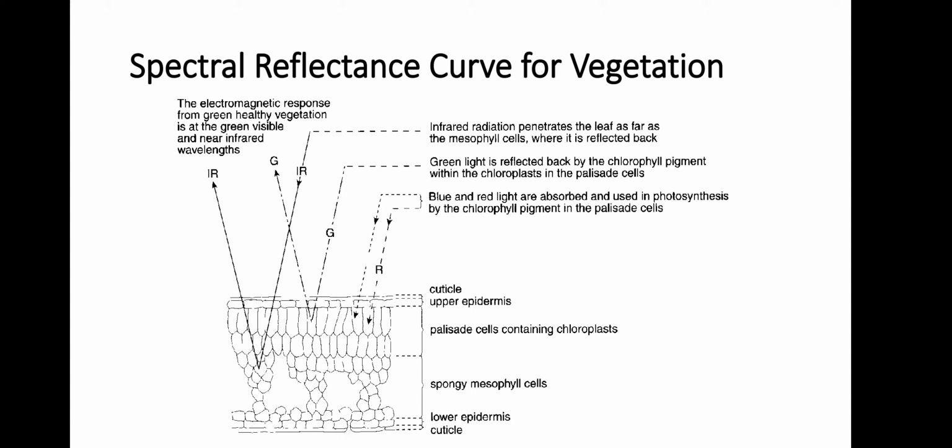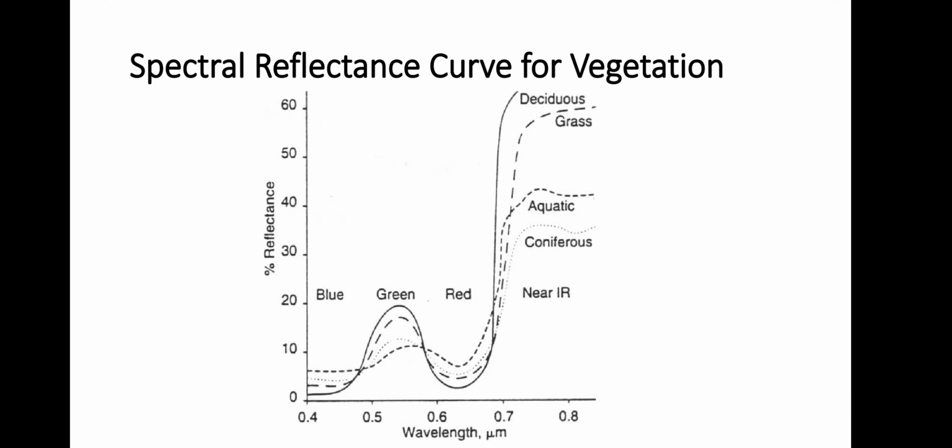As shown in the next figure, which I am showing in the slide, on the other hand, there is a reflection peak of green color in the visible region, which makes our eye perceive healthy vegetation as green in color.